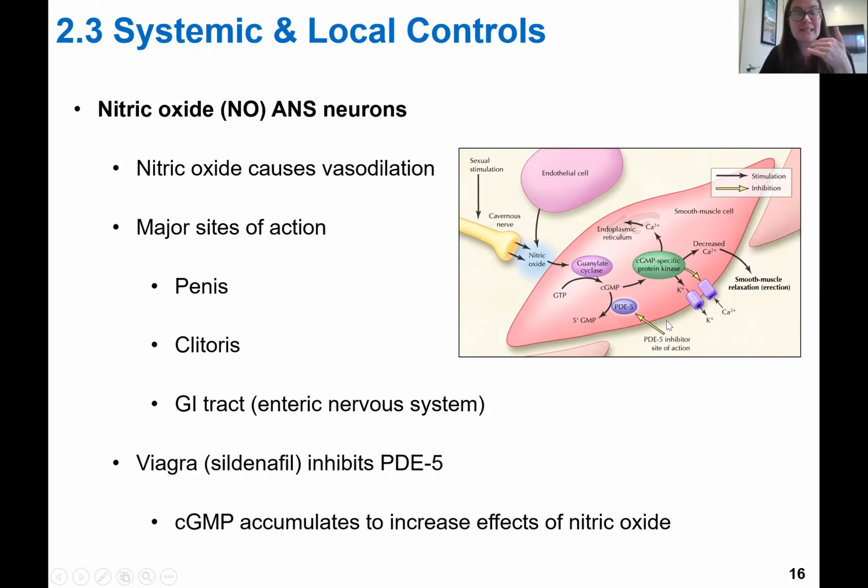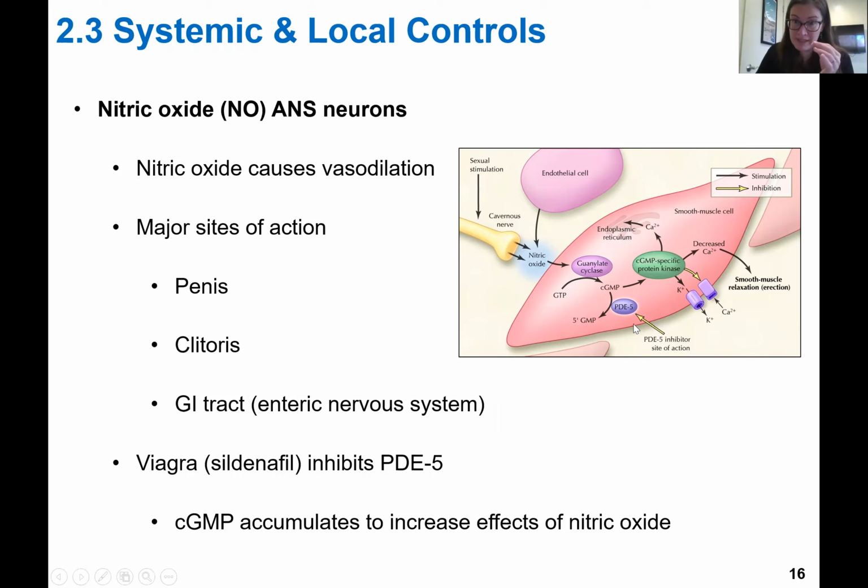So it's going to be less likely that you're going to get an action potential that would result in calcium release into the cytosol. So all of these mechanisms result in calcium in the cytosol going way, way down. No calcium, no activation of MLCK, no cross-bridging, no force, and we get relaxation.